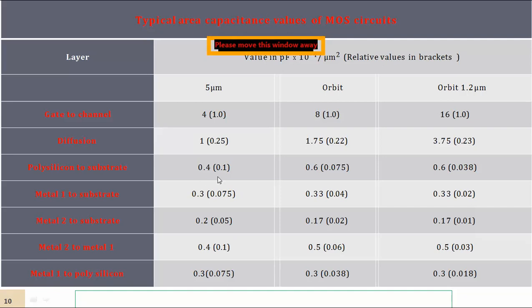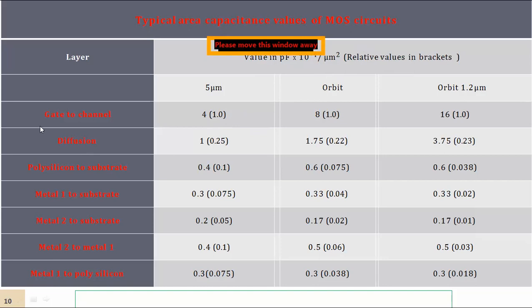In general, the values here are given in picofarads into 10 to the power of minus 4 per micrometer square. Whatever values are in the bracket are the relative values for that layer.